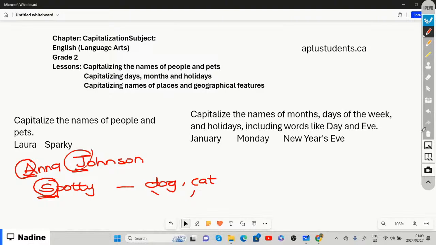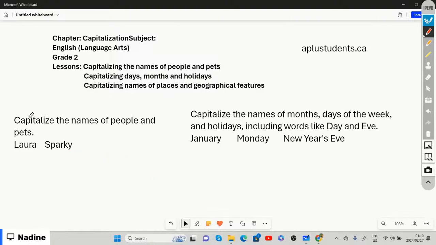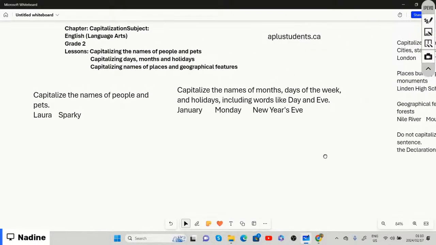Then we're also capitalizing names of the months of the year, days of the week, and holidays. We also capitalize holidays, including words like day and eve. For example, we capitalize months, which means the months of the year are capitalized.